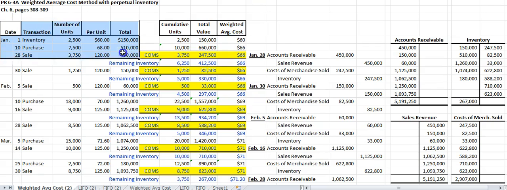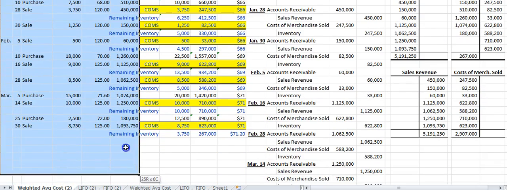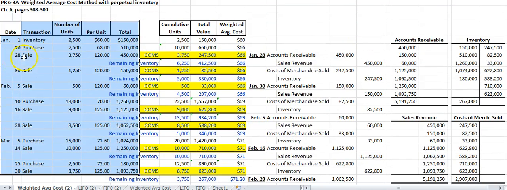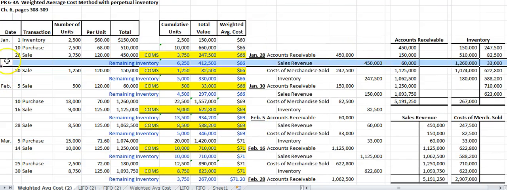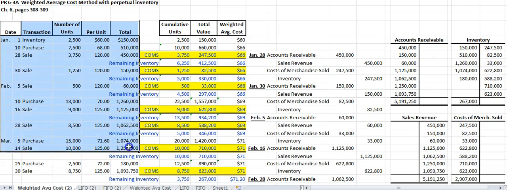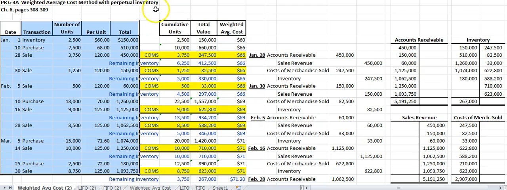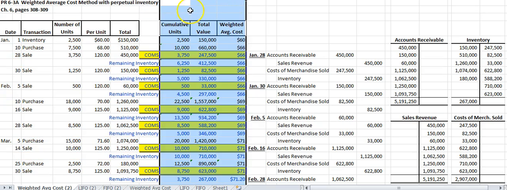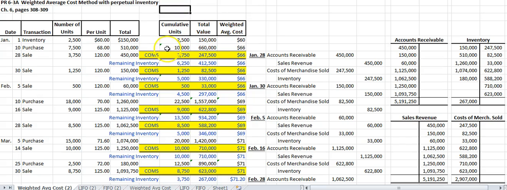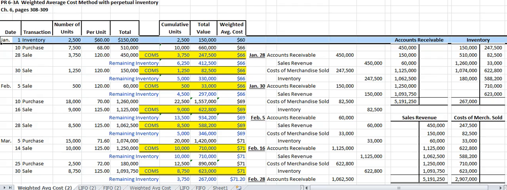This is the information that was given, with some added rows, but there's nothing added to it. Whatever I add, I'm going to add to the side, because I'm going to do a weighted average cost based on the other layers of inventory. My first layer is my starting inventory, 2,500 units at $60.